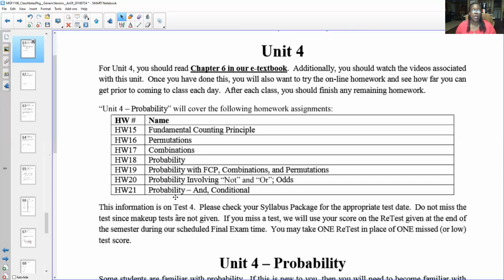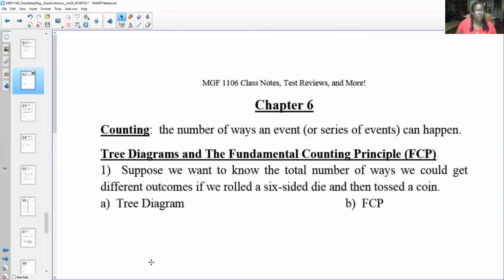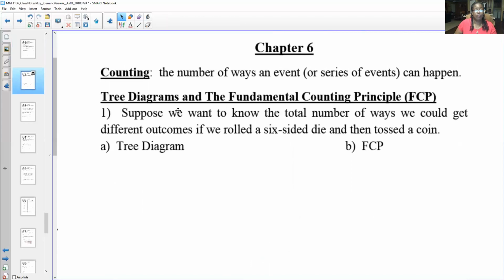All right, so here we are looking at fundamental counting principles as our first slide, in our chapter 6. Here's a definition of counting. Counting is just the number of ways to count an event or series of events that can happen.